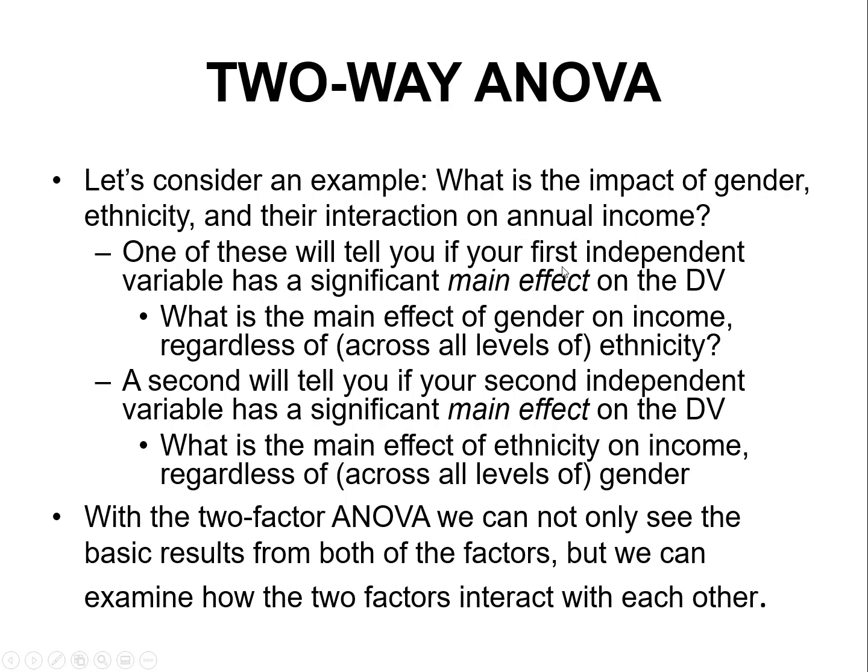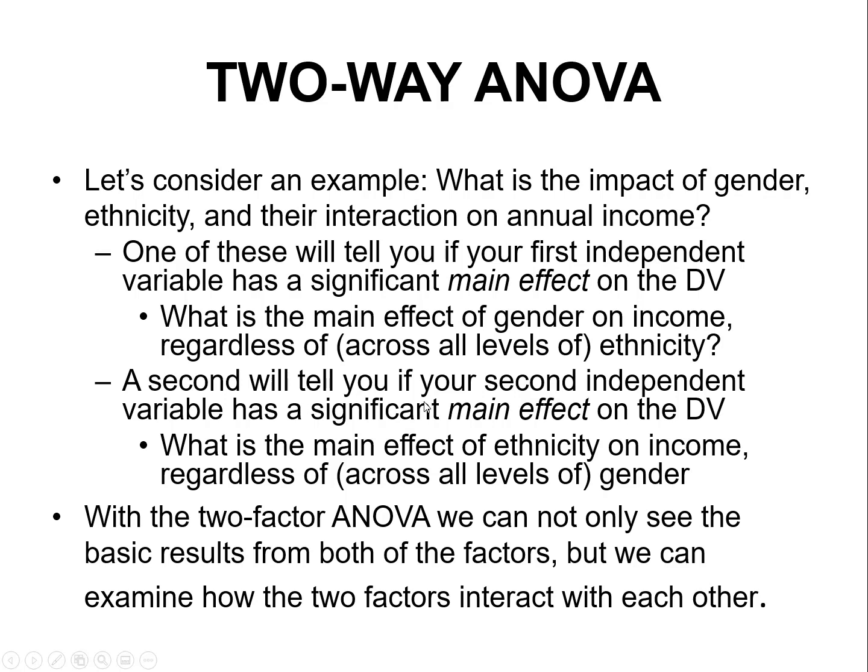What is the main effect of gender on income, regardless of, across all levels of, ethnicity? So this means considering one independent variable's effect on the dependent variable, which in this question is income.